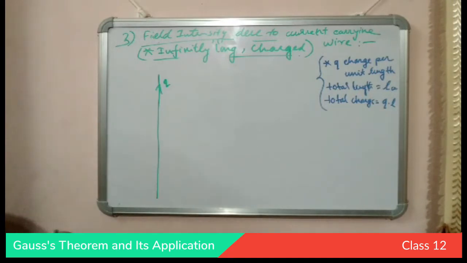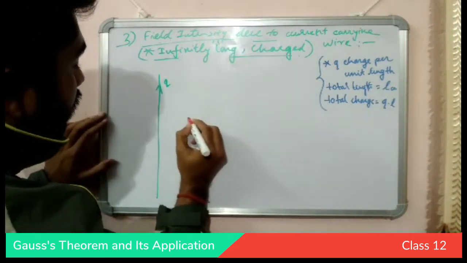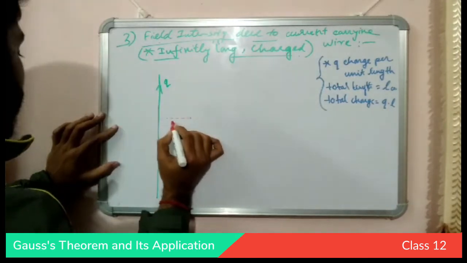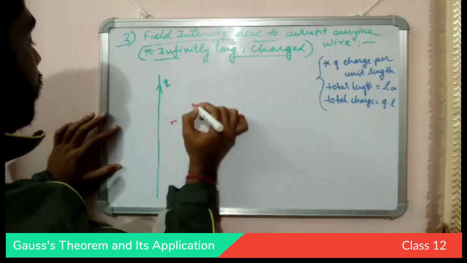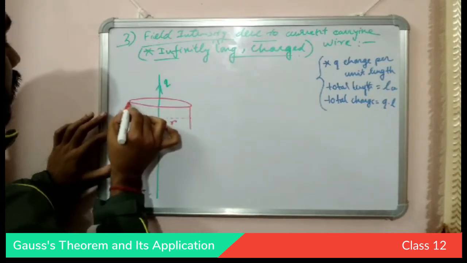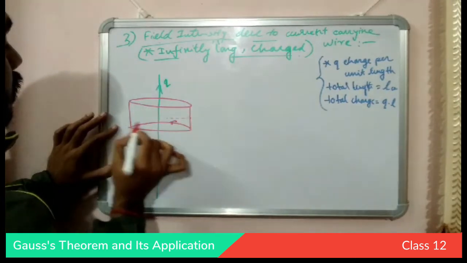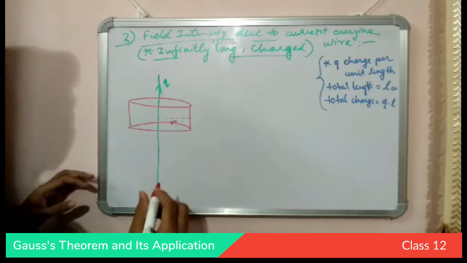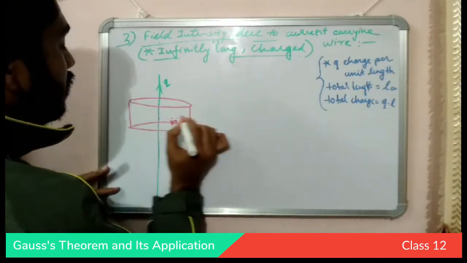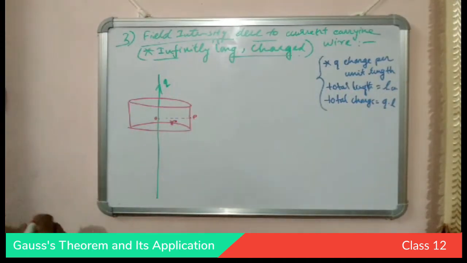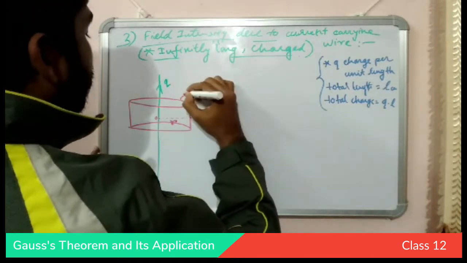So suppose for this we have to calculate the electric field here. So what will you do? We will draw an imaginary line of distance, suppose r, and we will consider a cylindrical Gaussian surface for this arrangement, or for this straight wire. This is the distance r from this point O to P. Now this is our Gaussian surface.